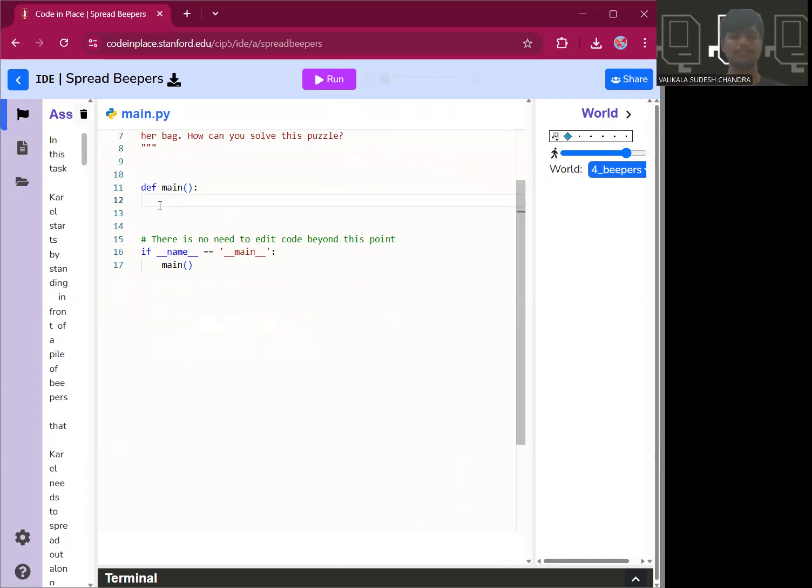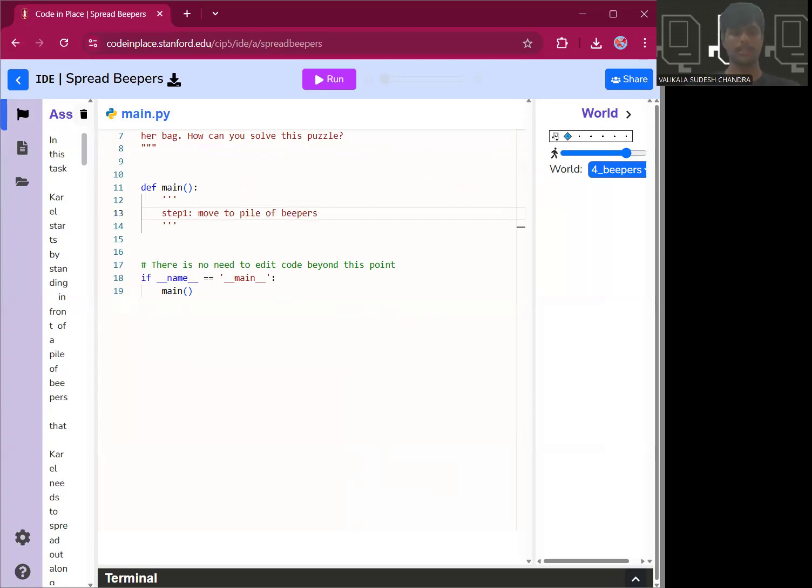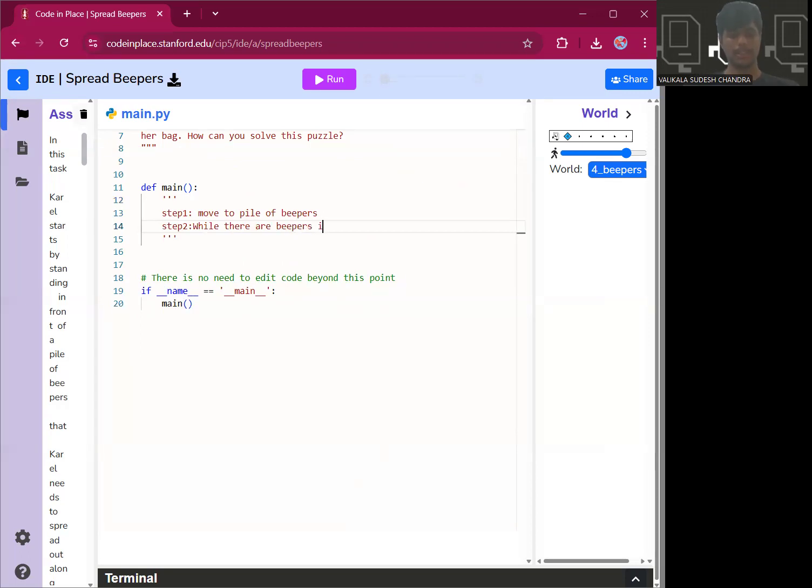The pseudocode that is coming to my mind right now is the strategy. Since we can't store values, step one is simple: move to the pile of beepers first. Step two: while there are beepers in the pile, pick one beeper.